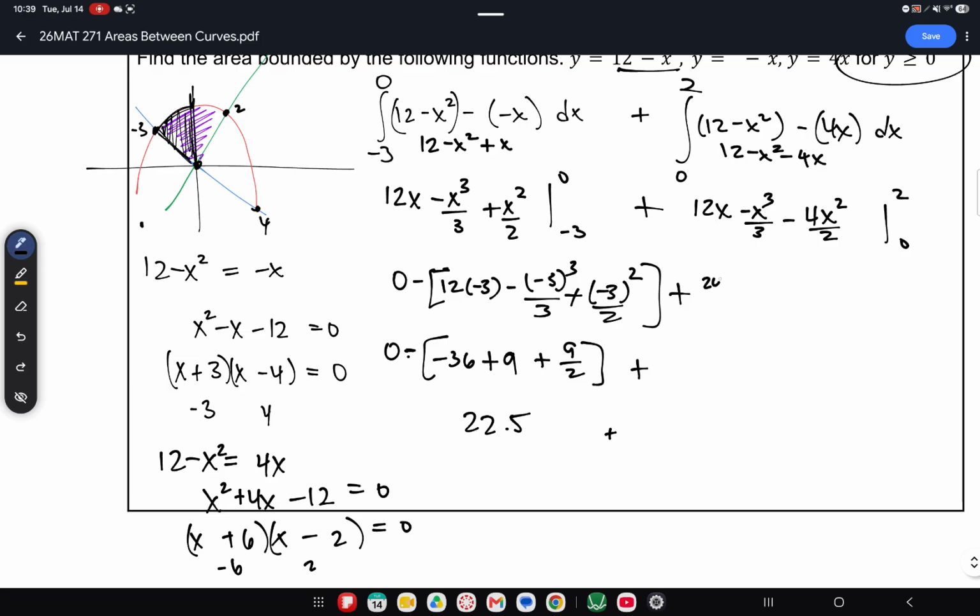So 12 times 2 is 24. 2 cubed is 8, so that's 8 thirds, and really that's 2 times 2 cubed, so minus 8. Subtracting off if I plug in 0, which is going to cancel out everything. So we get 24 minus 8 thirds minus 8. Gives me 13.3 repeating. So 22.5 plus 13.3 gives an area of 35.8.